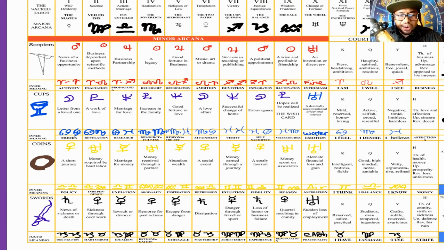Coins. When you deal with coins, you're dealing with air, right? What other term do we use for the exchange of money? When we use the exchange of money, we call that currency. When you say currency, immediately you're probably thinking about the air. You could say water, but immediately you're thinking about the air. You're thinking about the exchange.